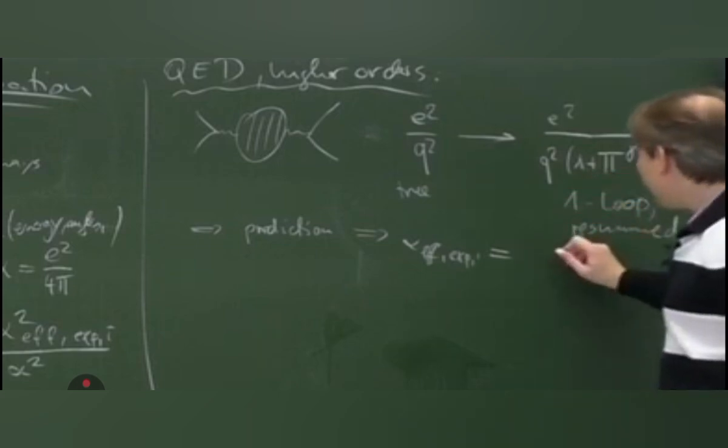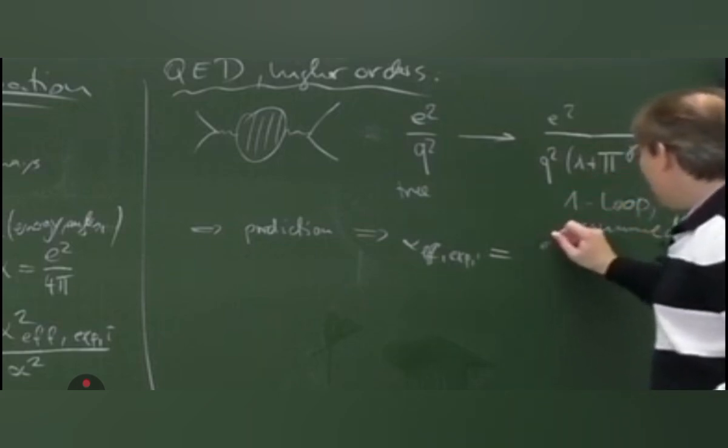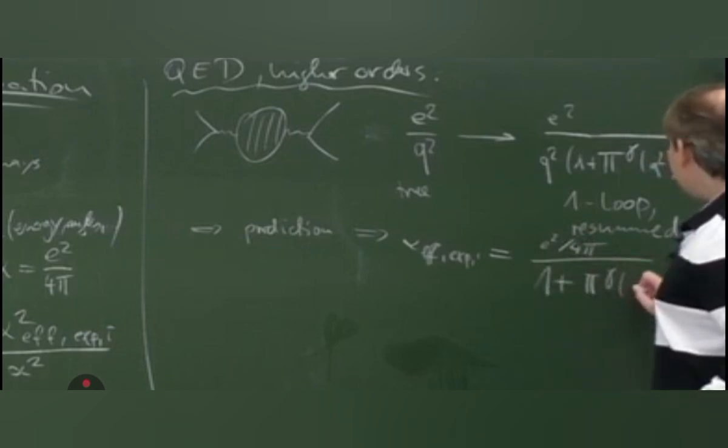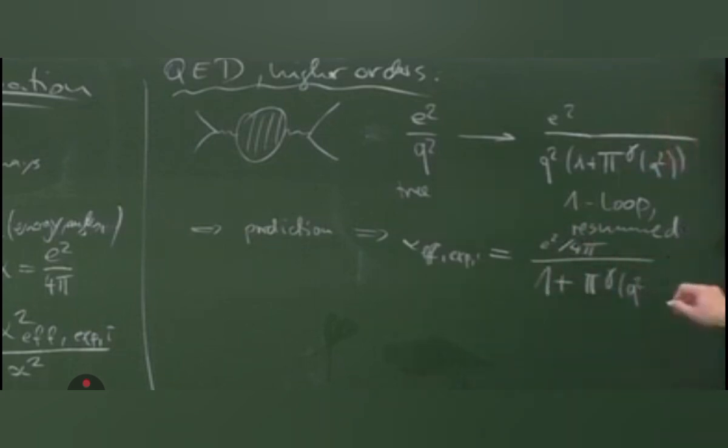So we have e squared divided by 4 pi, divided by 1 plus pi gamma of Q squared, where the Q squared is the Q squared which is relevant for experiment number I.